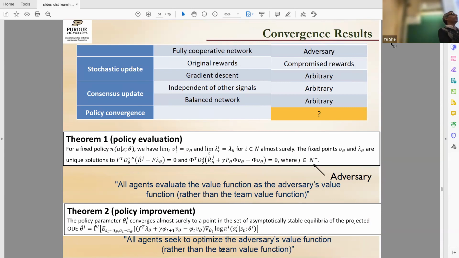Not only am I taking actions myself to optimize my objective without caring about you, I can ask you to take actions to optimize my objective. That's fragile, in the sense that no matter how many good agents there are, if there is a single strategic agent, the algorithm doesn't work. Everybody ends up optimizing for the strategic agent.